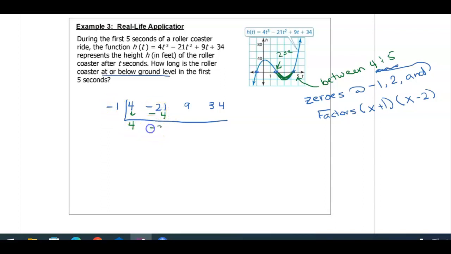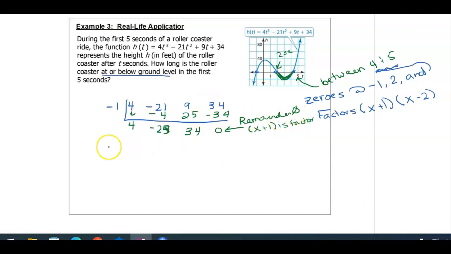If we add those, we get -25. -1 times -25 is a positive 25. Add to 9, this would be 34. 34 times -1 is -34. That gets us 0, which is good because it means we have a remainder of 0, which confirms that x plus 1 is a factor.